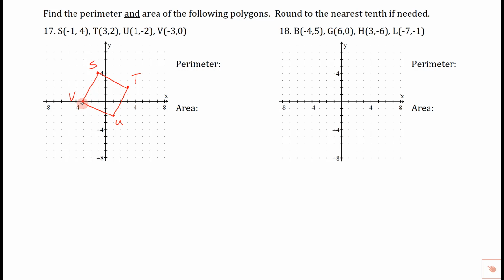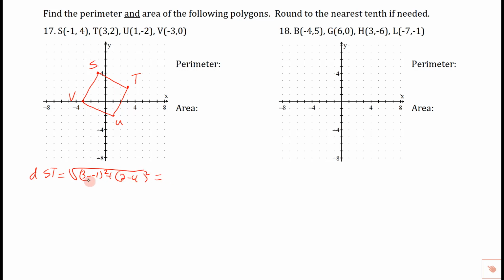And let's go ahead and find the distance between S and T. So the distance from S to T is going to be a big square root. I'm going to do x2 minus x1. So this is going to be 3 minus 1, quantity squared. And then y2 minus y1. So this is going to be 2 minus 4, quantity squared.